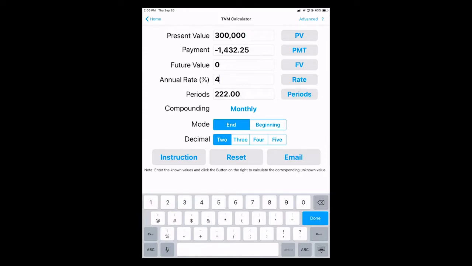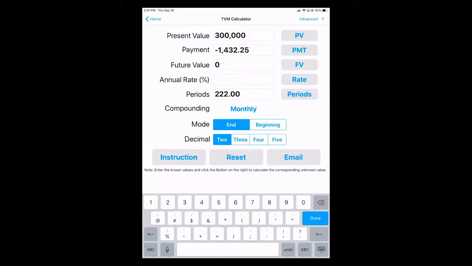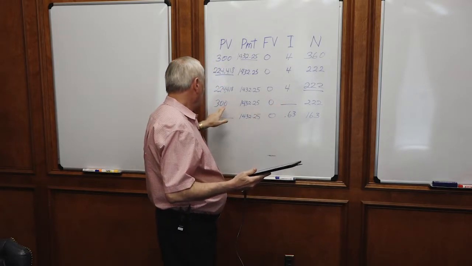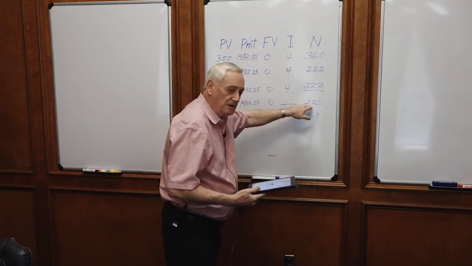However, take out the interest rate, because that's what we're trying to solve for here. All right. Now the periods are going to be 222. So we're figuring out what our payment is on these 222 payments.